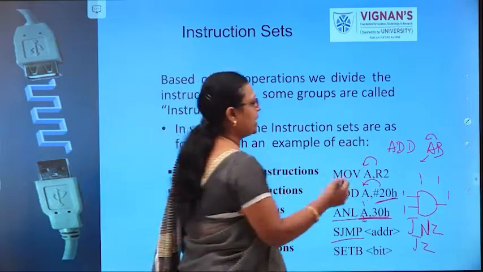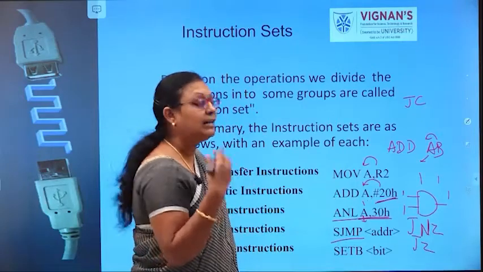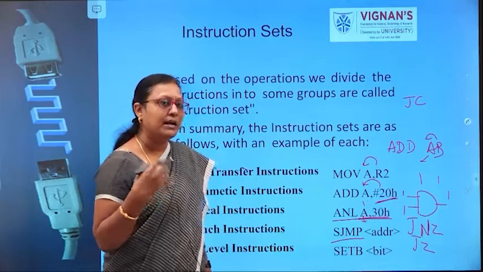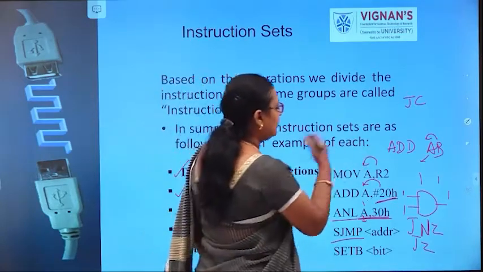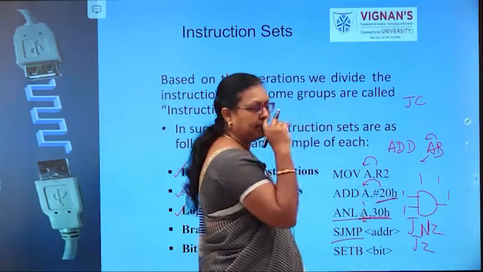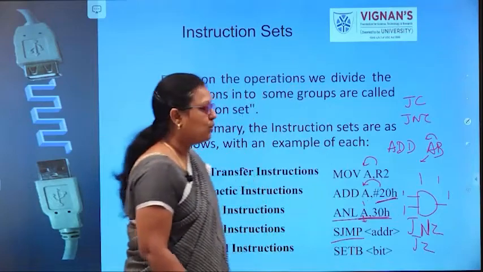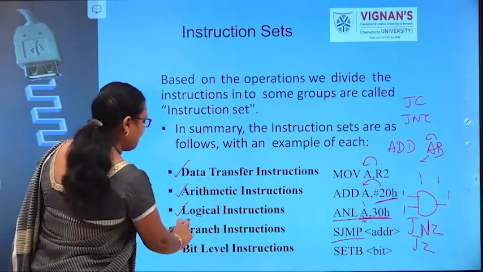If it is jump carry, JC. Okay, so while you are doing arithmetic operations, like if you are doing any addition operation, then there is a possibility to get carry, right? So that carry will be stored, and that is called jump carry. If carry is not present, that is jump if not carry. So all these instructions come under the branch instructions over here.